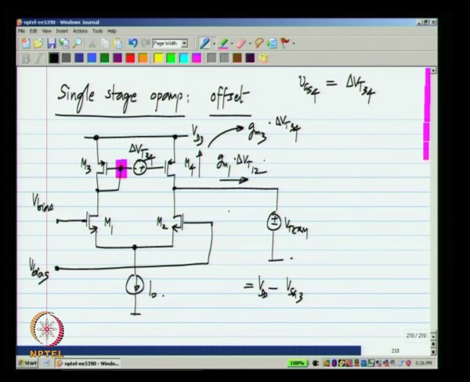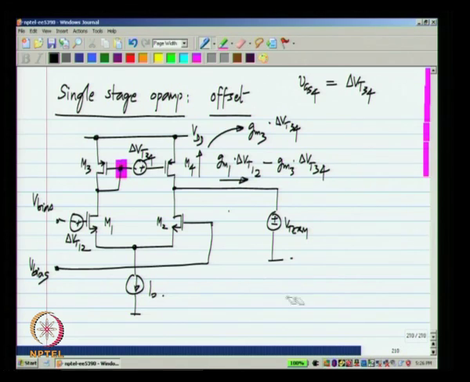So, the total output current will be simply GM1 times delta VT12 minus GM3 times delta VT34. This minus sign is simply because of the way we have chosen the polarity, it is of no significance whatsoever. When we put in both mismatches, that is the current that we are going to have at the output.